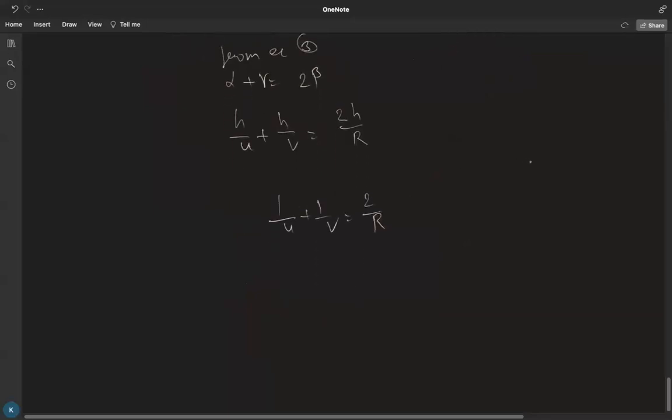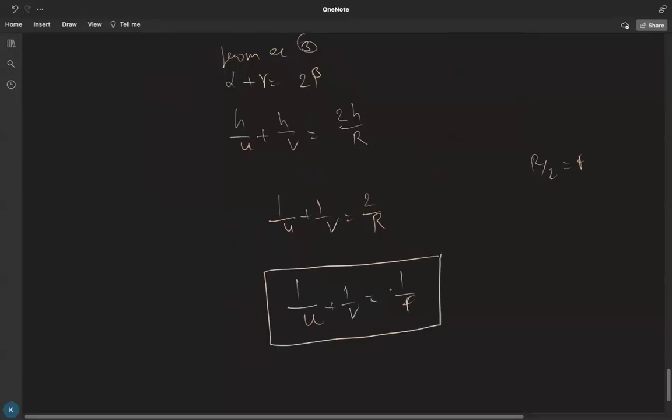We all know r by 2 is f. So we can say 1 by u plus 1 by v is equal to 1 by f. Similarly, you can write v in terms of u and f only, so v is equal to uf by u minus f.